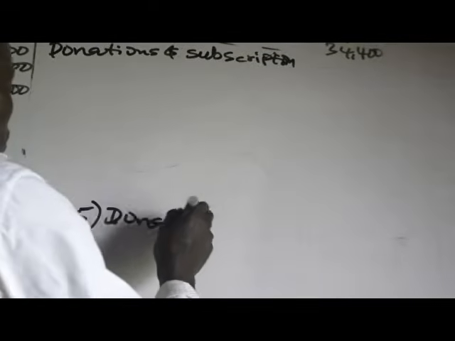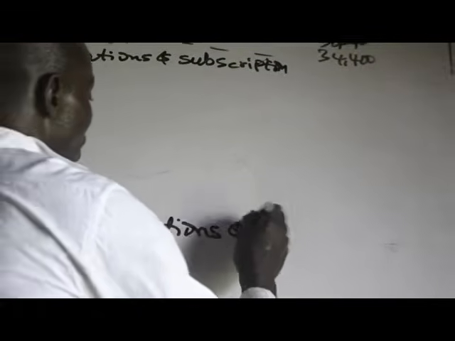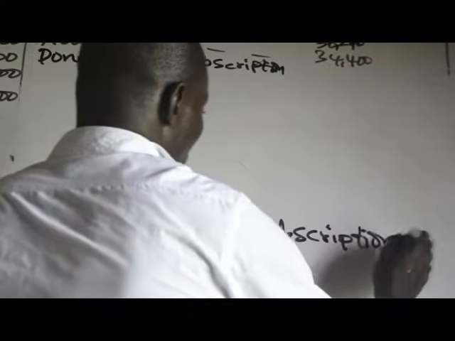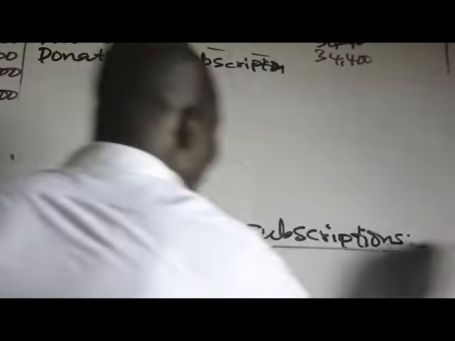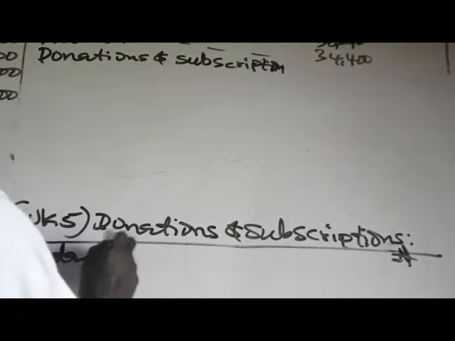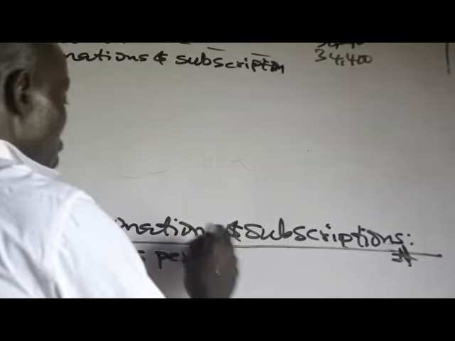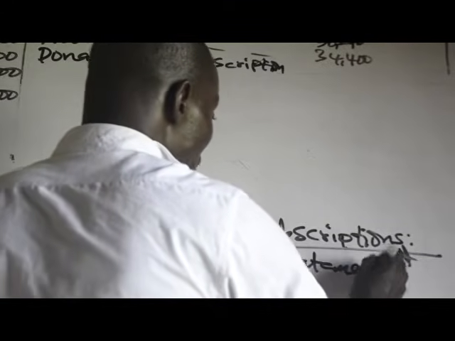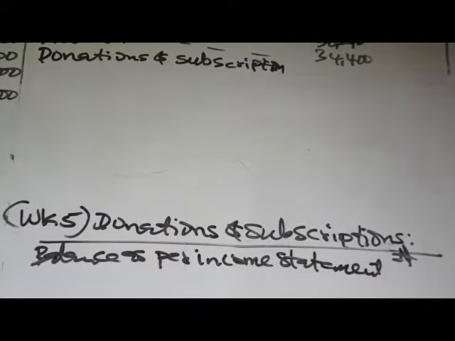Donations and subscriptions. So we have balance as per income statement. The donation in the income statement is 37,200.